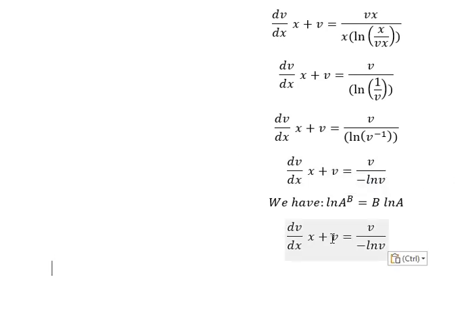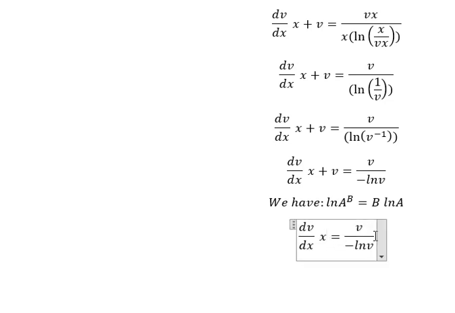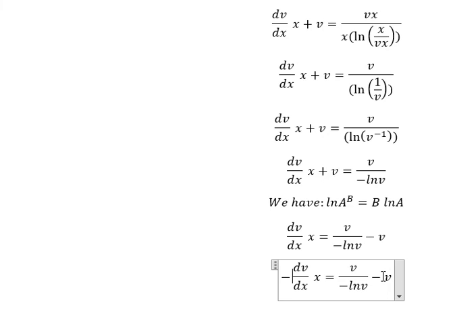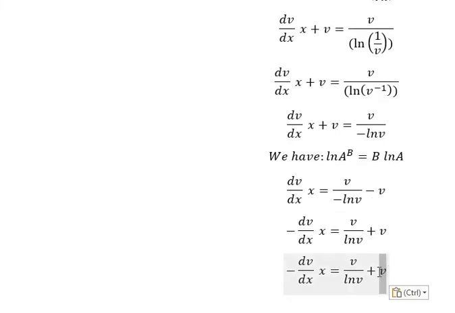Next, I will put v go to the right. So we have negative v. Negative, negative, I will put on the left. So v we can do about factorization, common denominator.